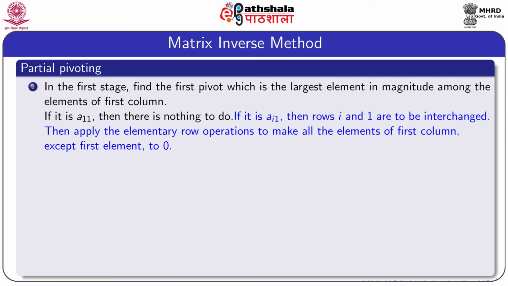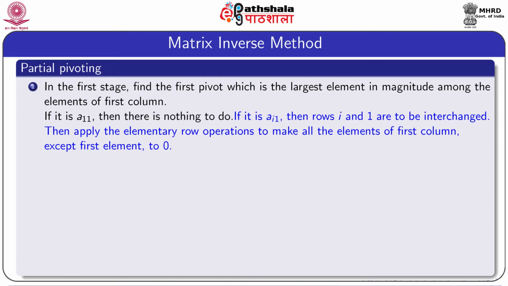So, these are the different kinds of pivots which are used in a matrix. Now, there are two kinds of pivoting available in literature. One is called partial pivoting and the other is called complete or full pivoting. In partial pivoting, find the first pivot element, which is the largest element in magnitude among the elements of the first column.